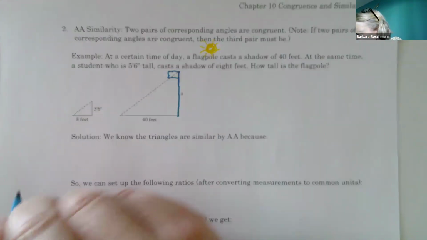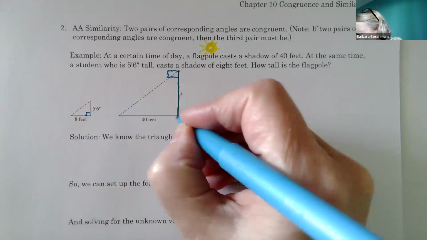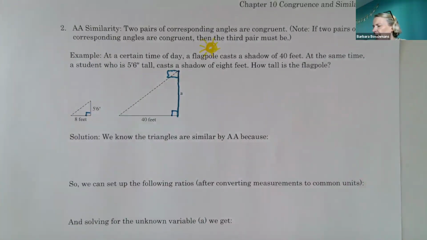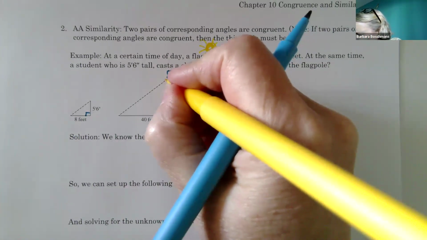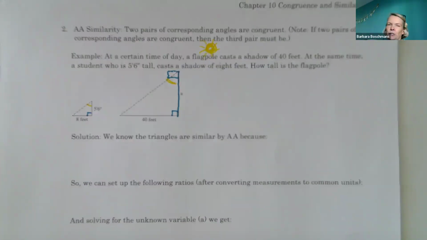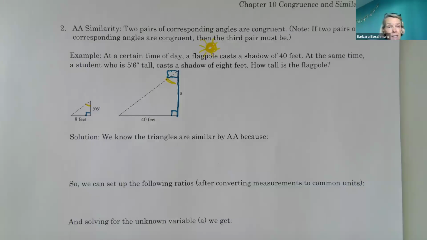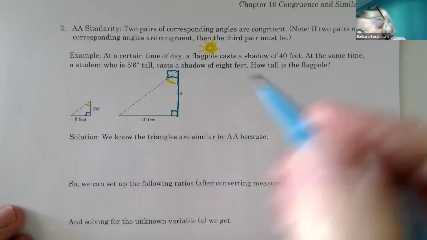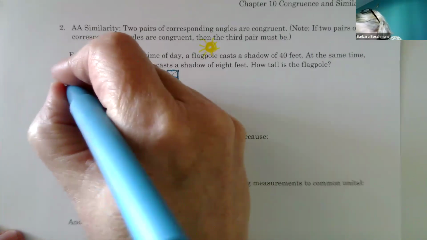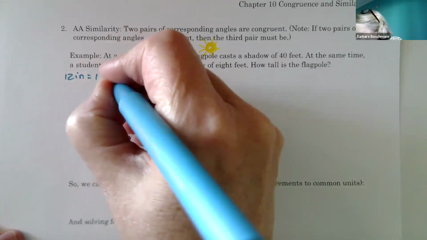So we have the same angles because you're assuming the flagpole and the student make a 90-degree angle with the ground. We also assume that the angle of the sun is the same, and that's the two angles. This is where I said if you have different measurements within a triangle, you have to adjust. So we need to think about how many inches are in a foot, and there are 12 inches in 1 foot.